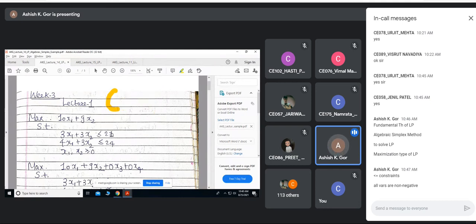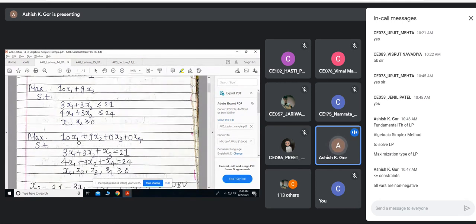So first of all, what you need to do is convert it into equation form. So I have to add slack variables. In the first inequality, I have to add x3, and in the second inequality, I have to add x4.